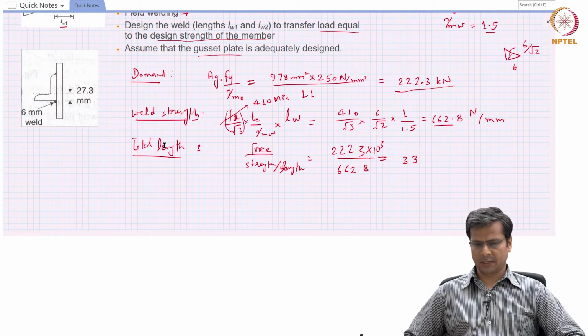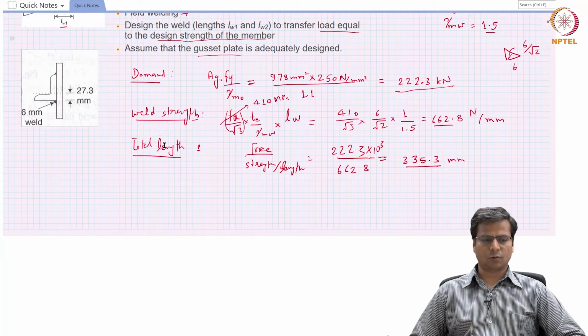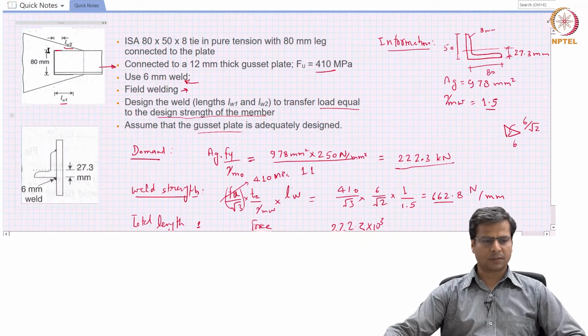This gives me a total required length of 335.3 millimeters. So this is the total weld length, which has three parts, L2, 80 and L1, right?